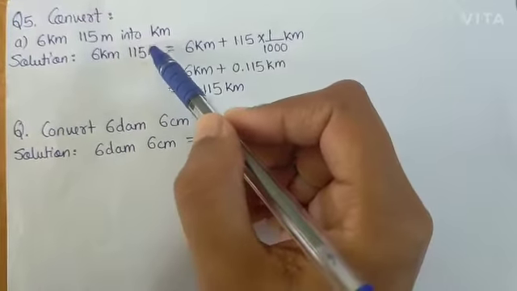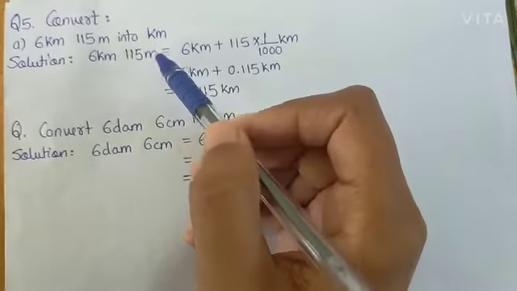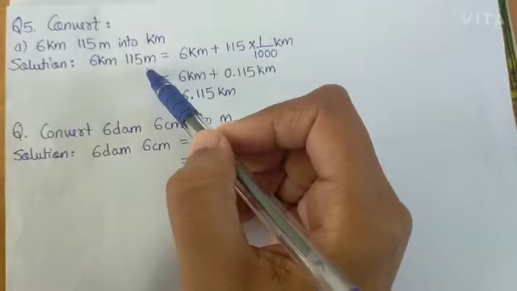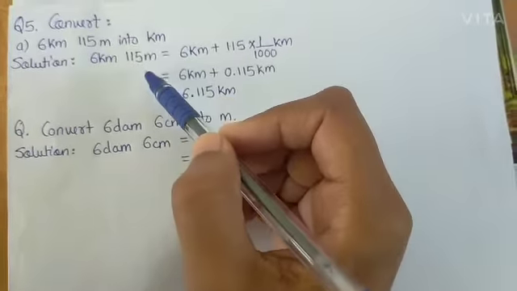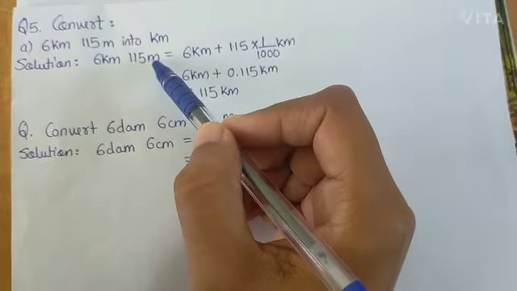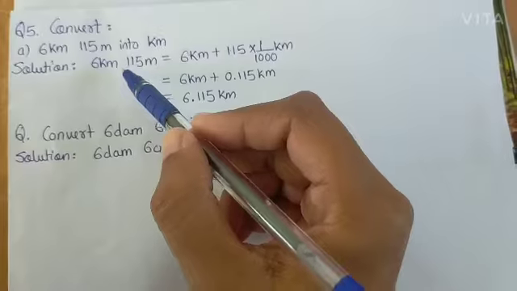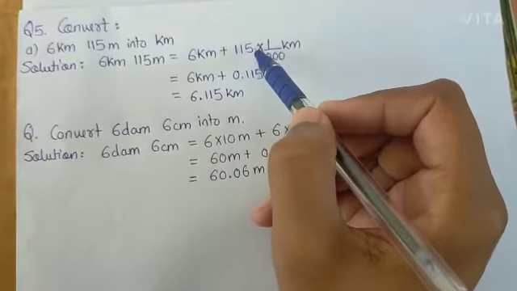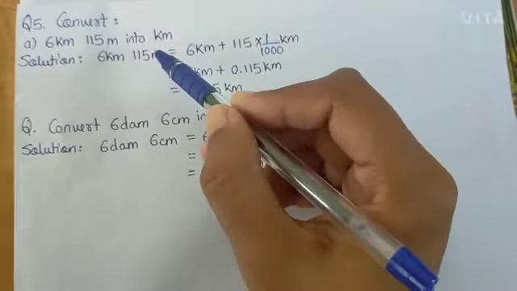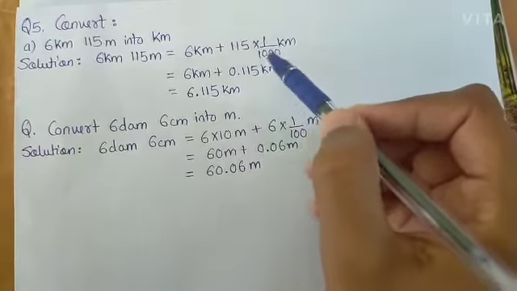Again here meter is the smaller unit of length and kilometer is the bigger unit of length. So to convert a smaller unit of length to bigger unit of length, what we do? We divide. We know that 1 meter is equal to 1 upon 1000 kilometer. So we can write it as 6 kilometer plus 115 into, in place of meter we will write 1 upon 1000 kilometer.